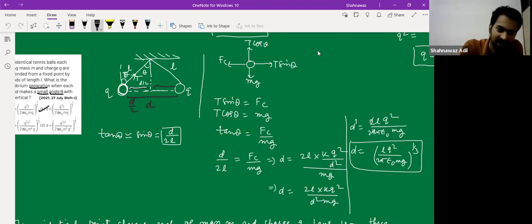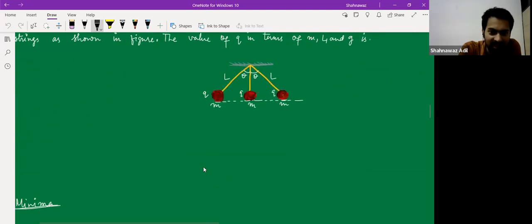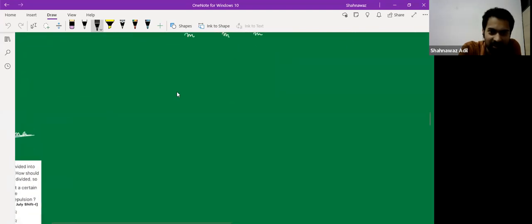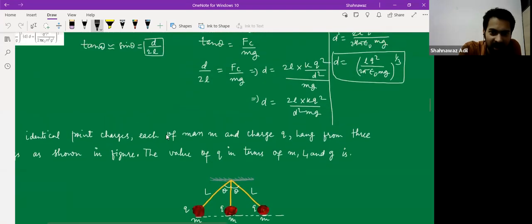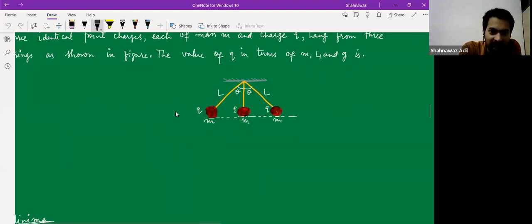Yes, Shahid. Okay, so let us complicate this question a little bit more, right? So now we have three charges, and we want to calculate the magnitude of this q. So let us calculate that. Yes, Charles.